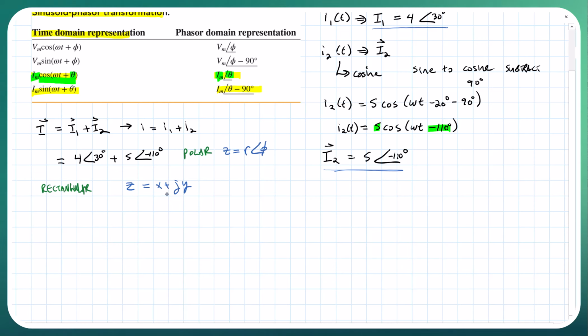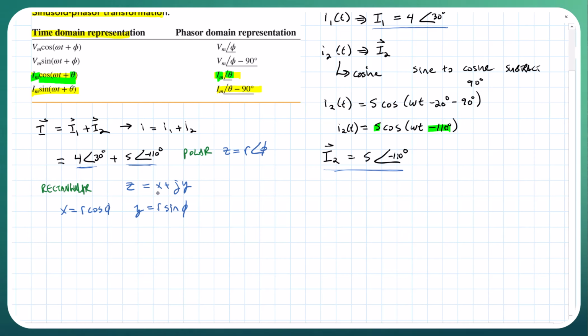We defined this previously: x is equal to r cosine of the angle, and y is equal to r sine of the angle. So we're going to utilize these conversions to take 4 angle 30 and 5 angle minus 110 and put them in rectangular format.